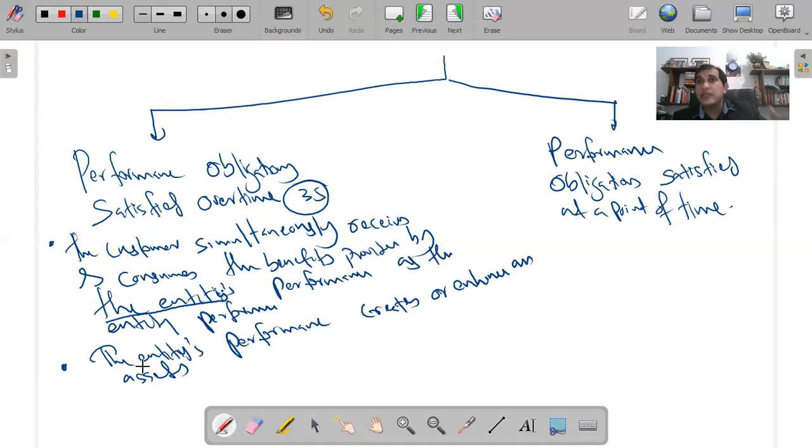The construction company incurs resources. Then once they incur them, the value of the asset increases. So that's what it is: the entity's performance creates or enhances an asset.